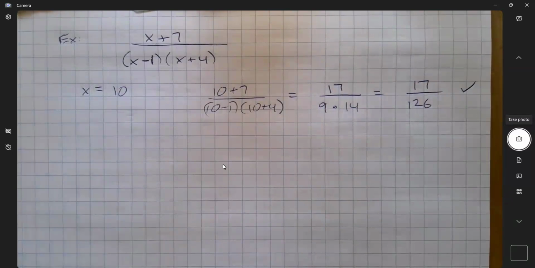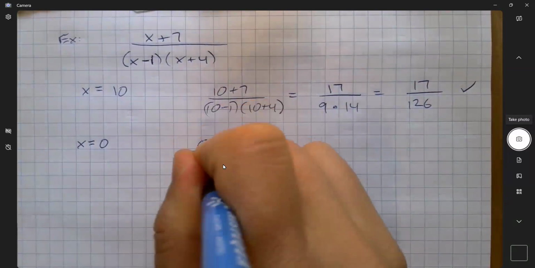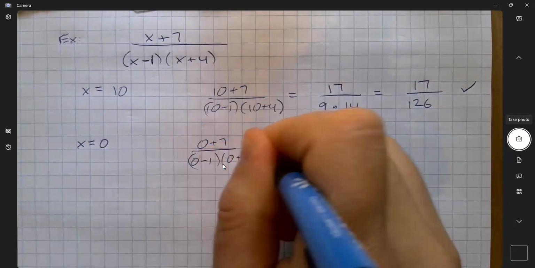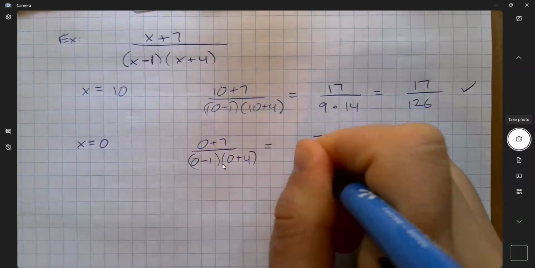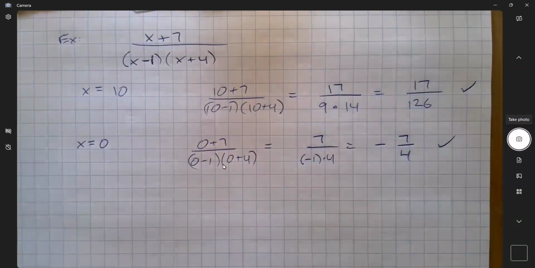Nothing wrong with that fraction. Let's try x equals 0. That's 0 plus 7 over 0 minus 1 times 0 plus 4, which is 7 over negative 1 times 4, which is negative 7 over 4. Nothing wrong with that.